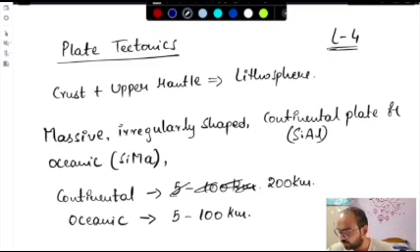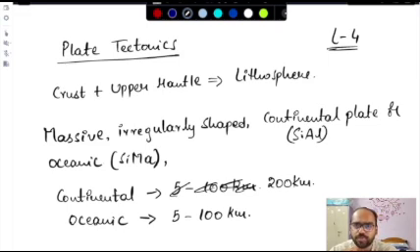And next part would be, based upon the movement of the plates, scientists have divided these plates into major and minor. Okay, there are in total 7 major plates and several minor plates. Minor plates are many in number, so you need not worry about remembering all those minor plates.